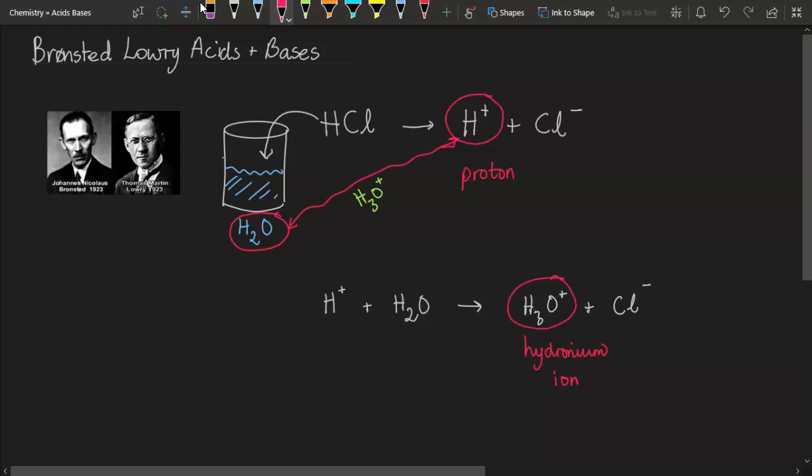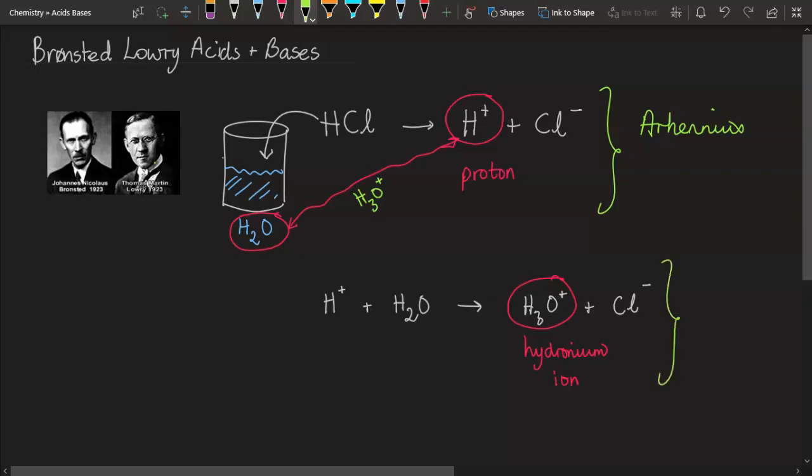Now, the difference here is Arrhenius was looking at this idea, and he was just looking at how things dissociated in water. He was only interested in the actual HCl, how it dissociated down into these two things.